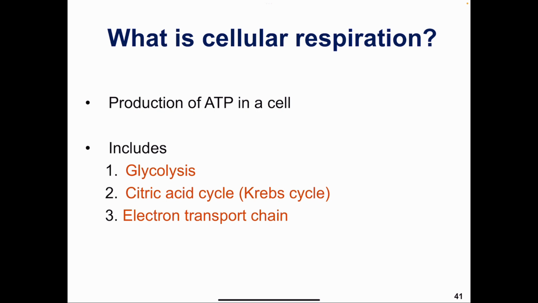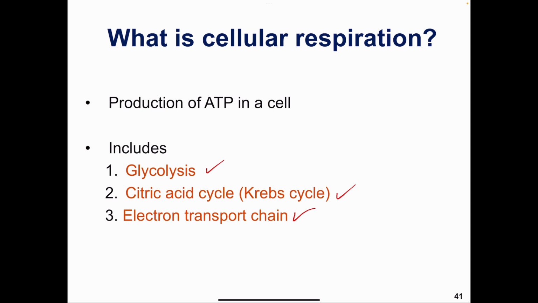Now, cellular respiration, what is it? Cellular respiration is a cellular process by which ATP is produced in the cell. That cellular respiration occurs in many steps that include a series of chemical reactions. 3 major steps. 1 is glycolysis. 2 is the citric acid cycle. 3 is the electron transport chain.